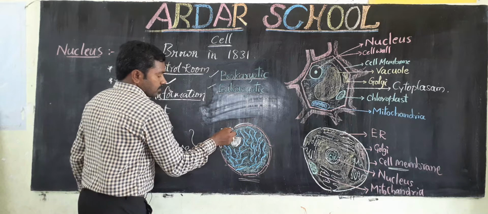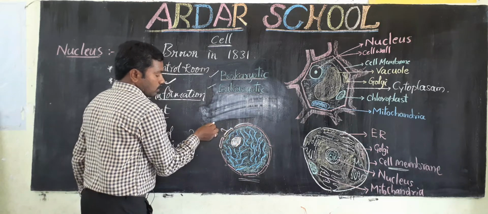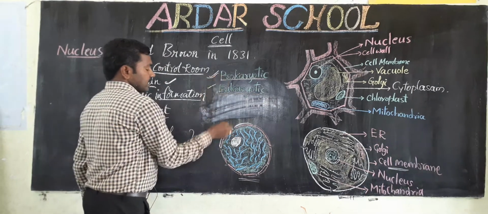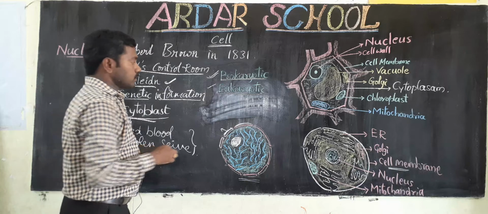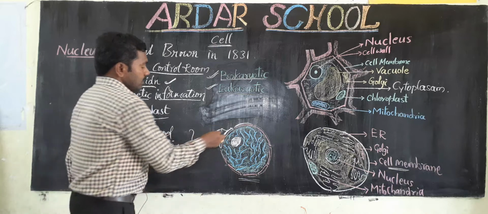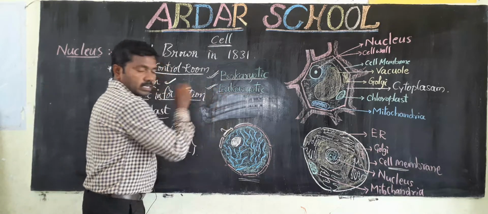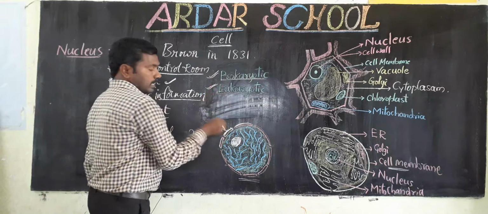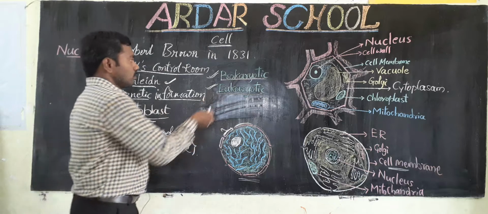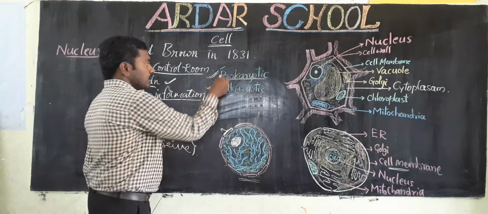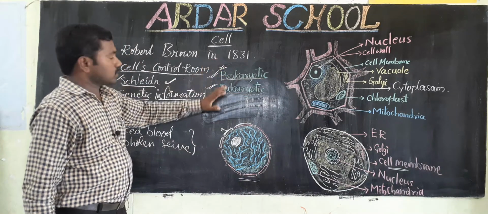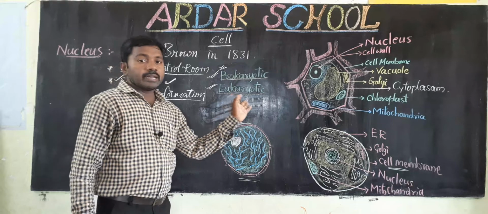In eukaryotes, the genetic material and cytoplasm are separated by the nuclear membrane, but in prokaryotes it is absent. That is the main difference between prokaryotic and eukaryotic cells. Best examples of prokaryotes are bacteria, cyanobacteria and algae. The remaining are all eukaryotes.